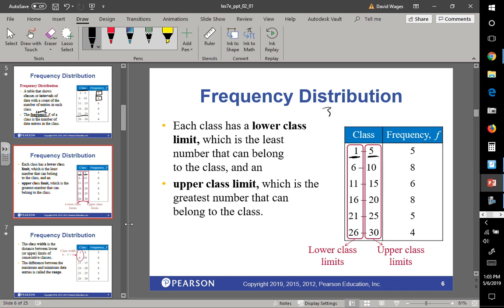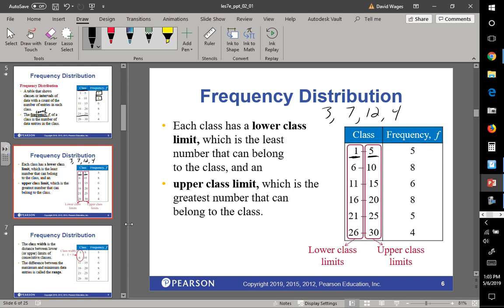So if we look at the numbers 3, 7, 12, 4, 3 only belongs to this class, 7 only belongs to this class, 12 only belongs to this one, 4 only belongs into that one. So the class limits are set up so that each value can only fit into one category.